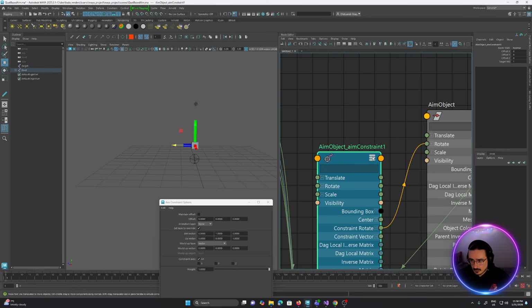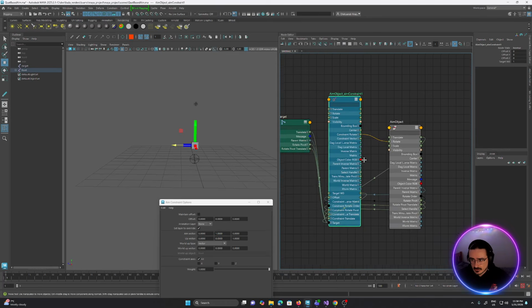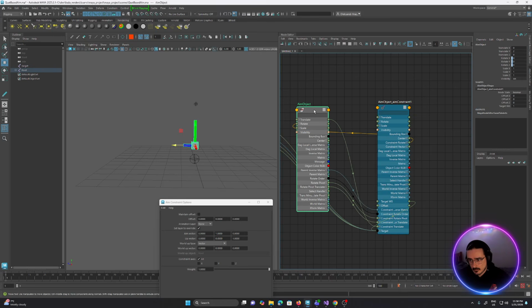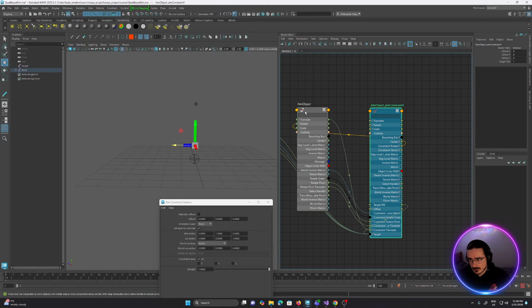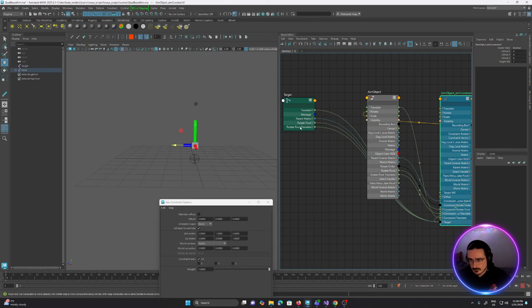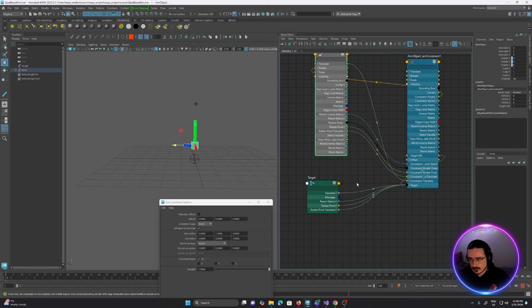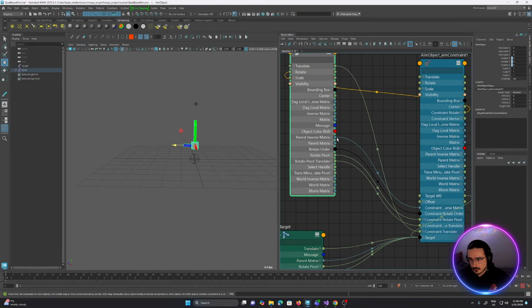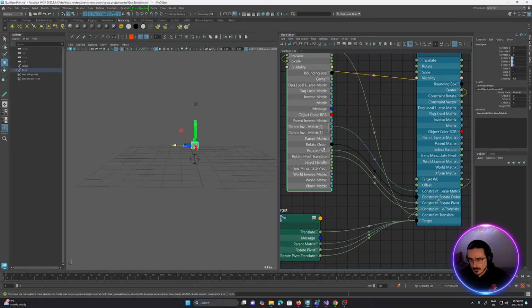So let's see what connections we have from our aim object to the aim constraint and from our target as well. So we have a standard parent inverse matrix from our aim object.